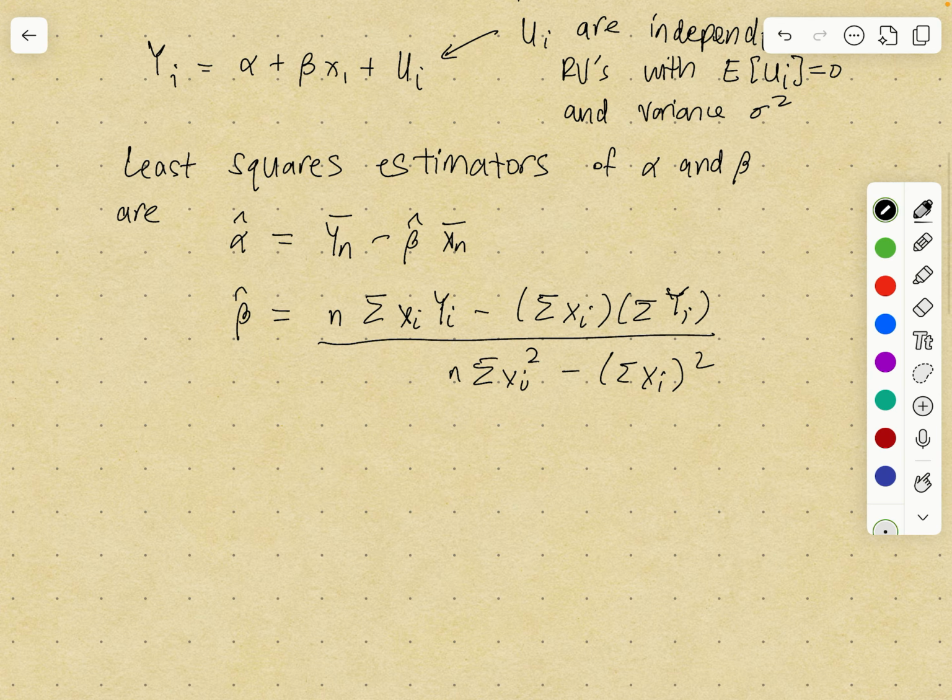So these are random variables, right? Your yi's are random variables.